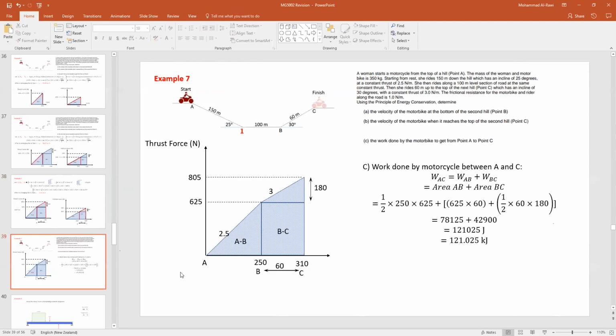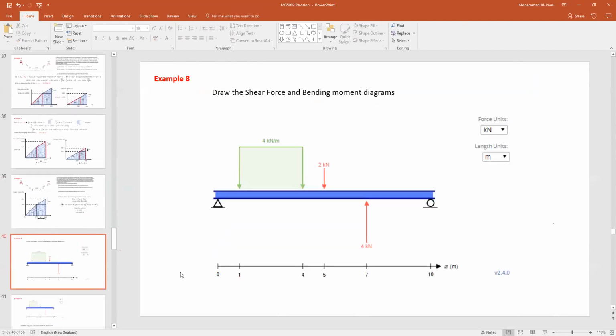All right. Of course, I promised you something about drawing shear force and bending moment diagrams. I would like to share with you something very, very good and powerful. It's just something you can practice when you're trying to work on it.